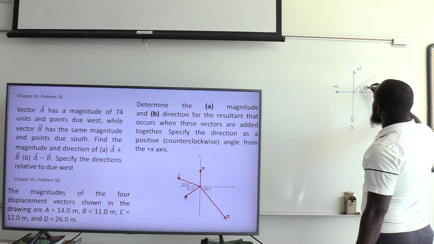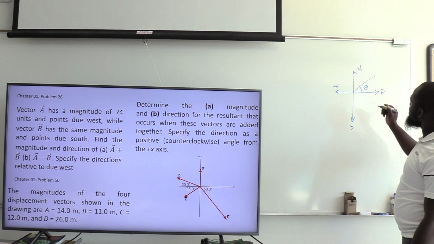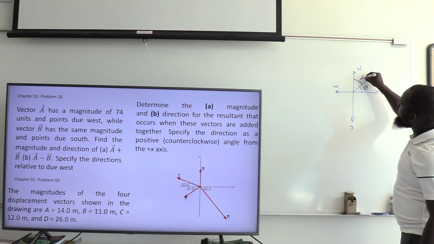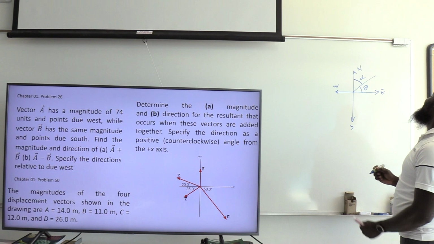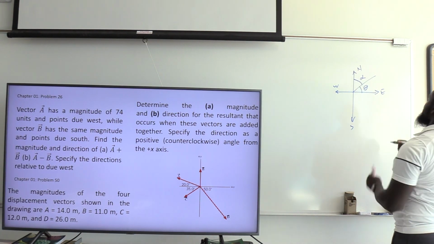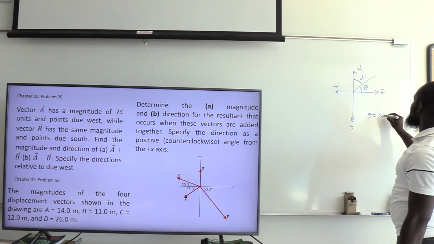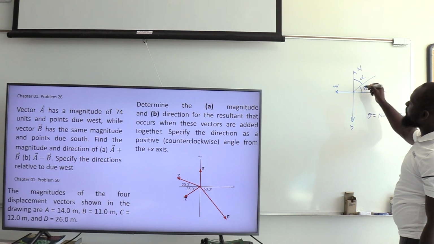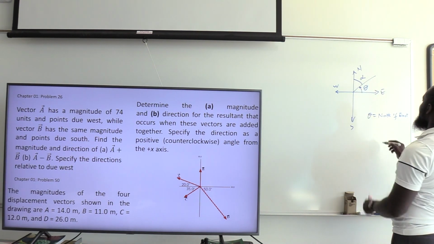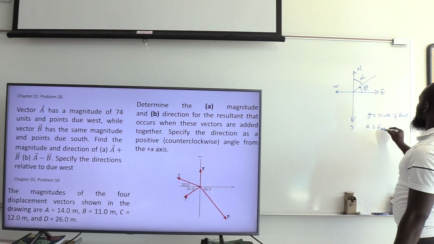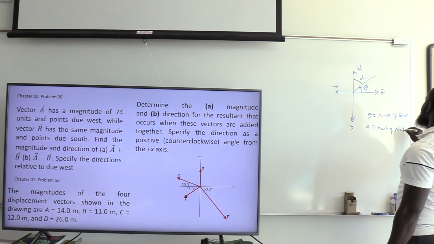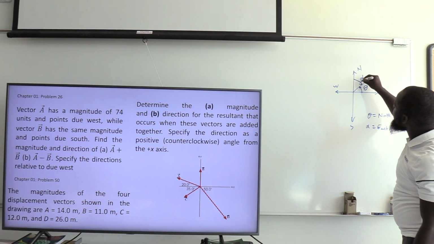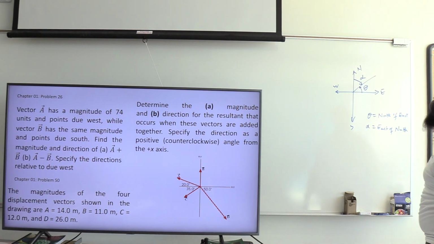An angle here, theta, and an angle alpha. Theta is north of east. So it means start from the east, move theta towards the north. Alpha is east of north. So it means start from the north, move alpha towards the east. So don't get it confused.